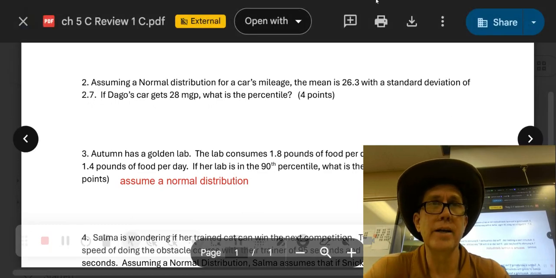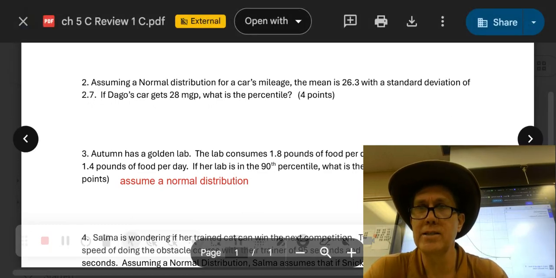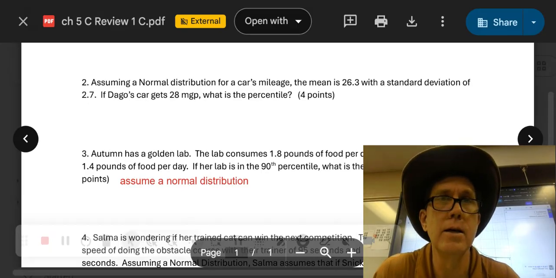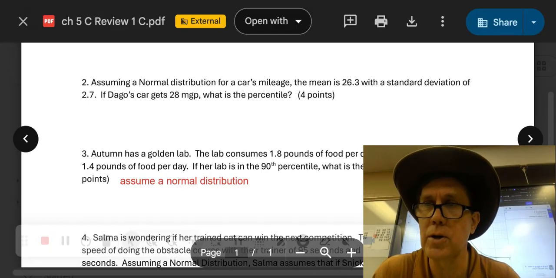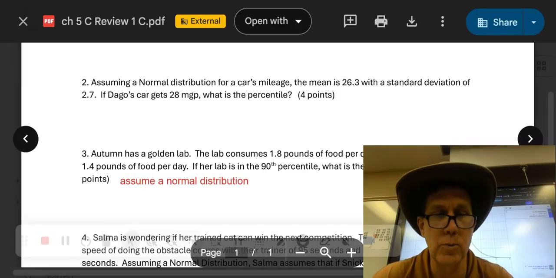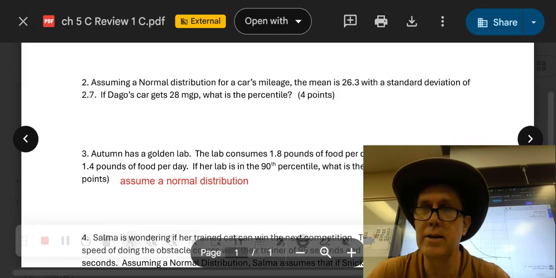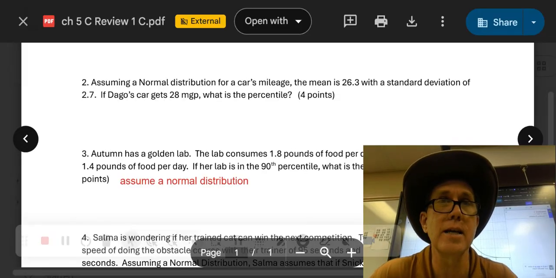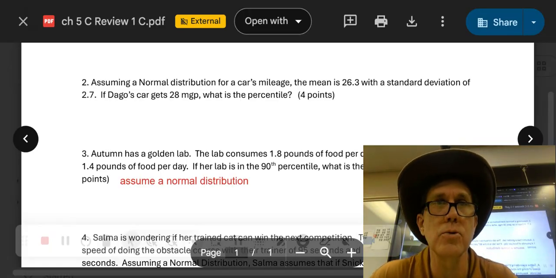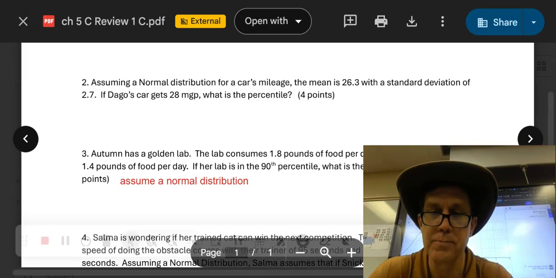So we're going to change this right away. If you click on the normal distribution, it brings up the mean is 0 and 1. Hopefully that's showing on the screen well. Instead of 0, 1, we're going to change it to 26.3 and 2.7.